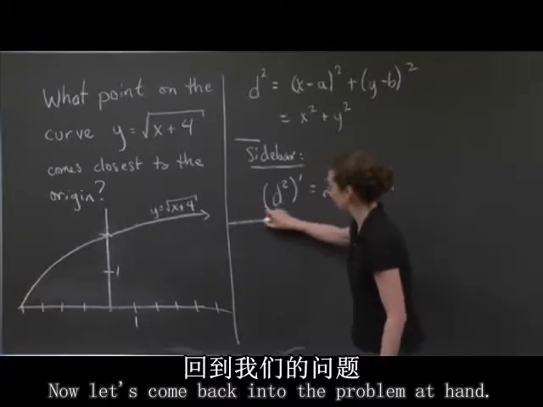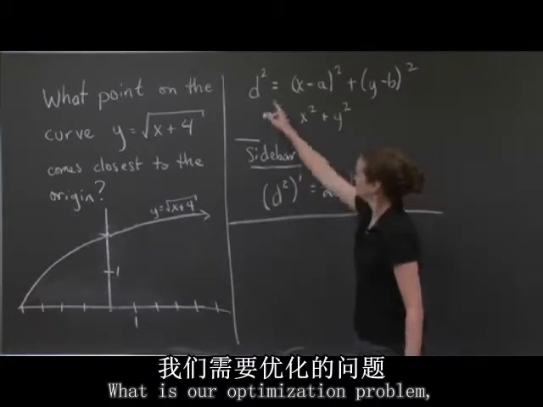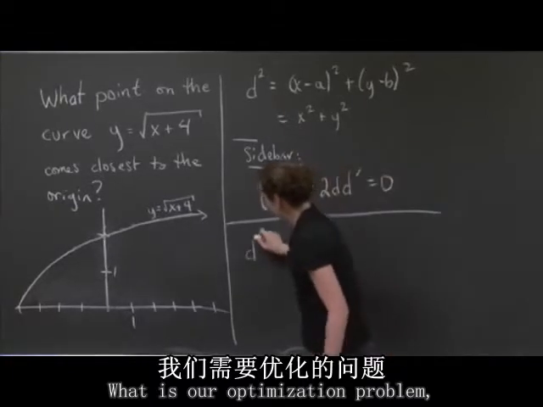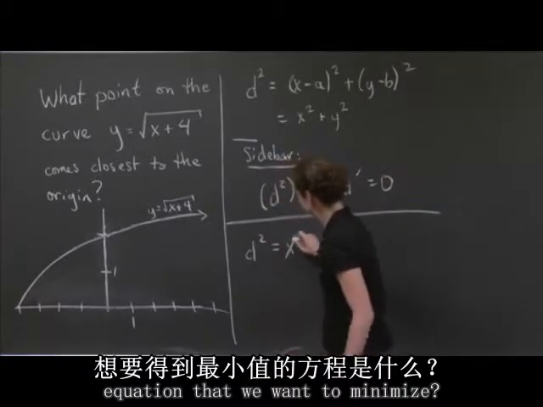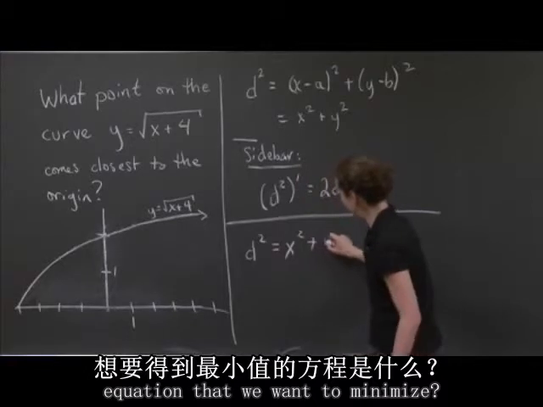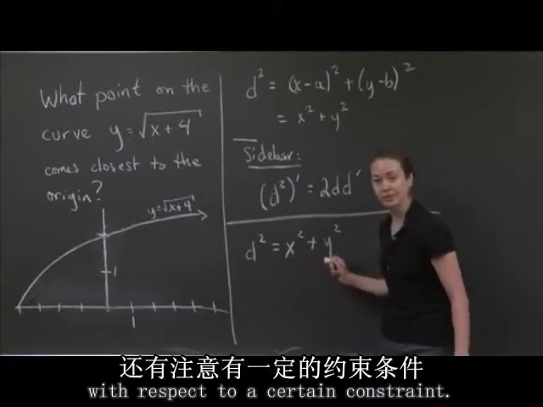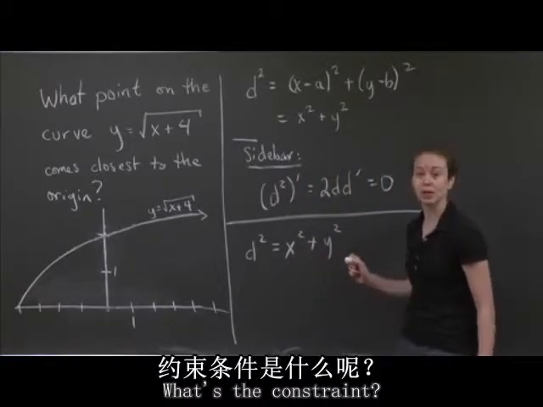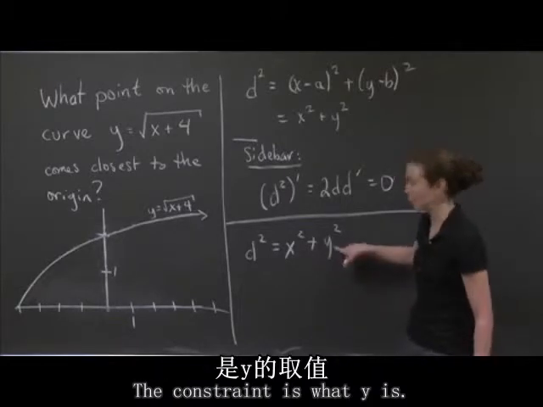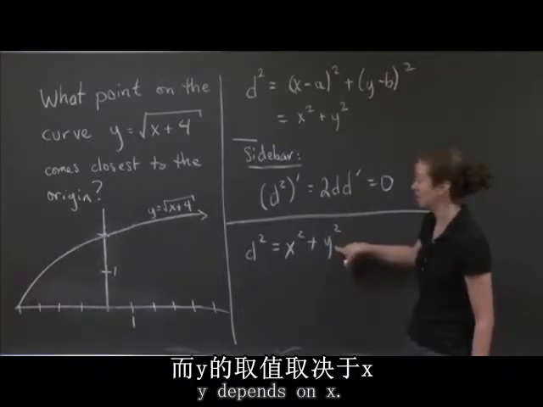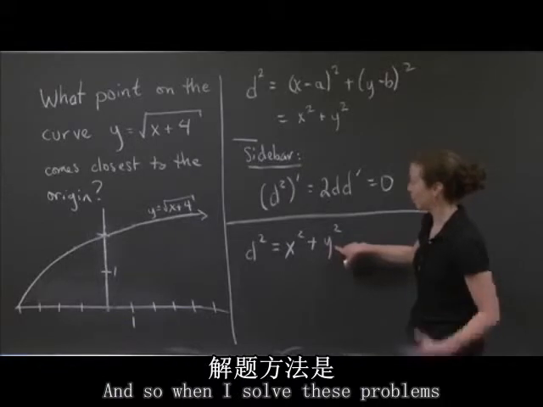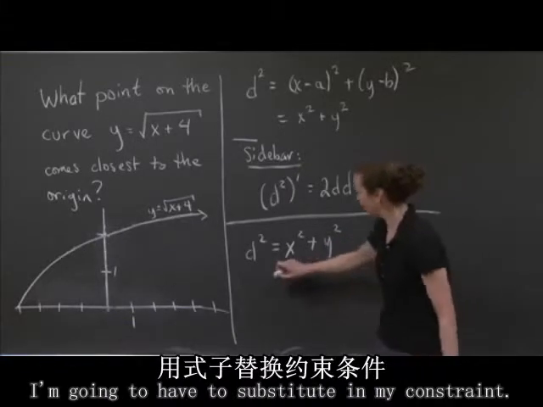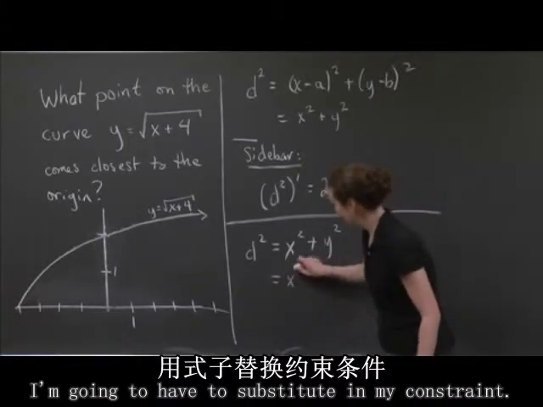Now let's come back to the problem at hand. What is the equation that we want to minimize? We want to minimize it with respect to a certain constraint. The constraint is what y is. Y depends on x, so when I solve these problems, I'm going to have to substitute in my constraint.